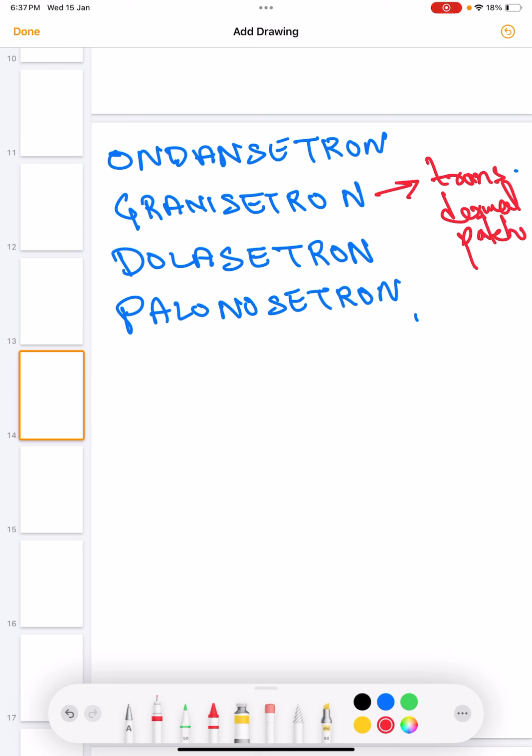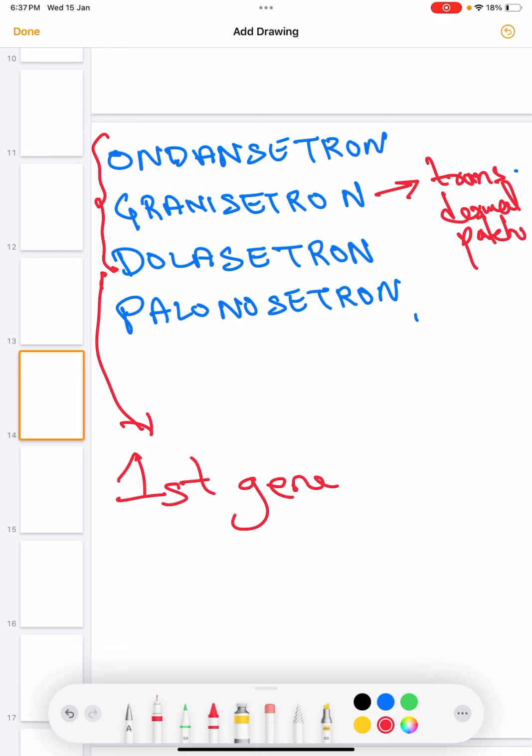Now these three, ondansetron, granisetron and dolasetron, are known as first generation 5-HT3 receptor antagonists, and they have a half-life of 4 to 9 hours.